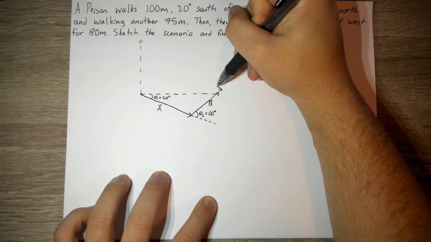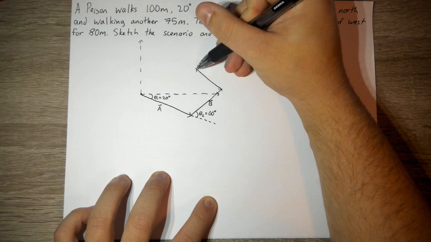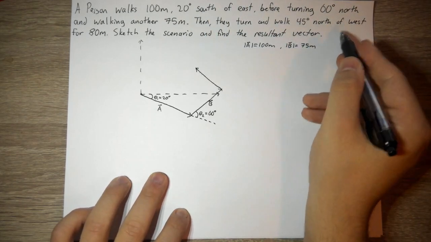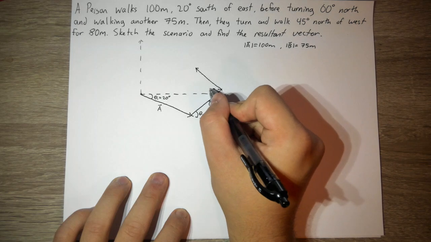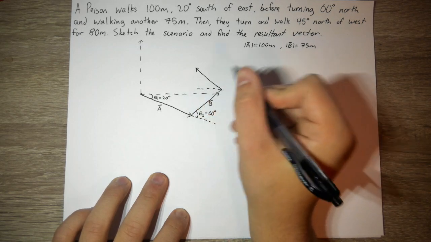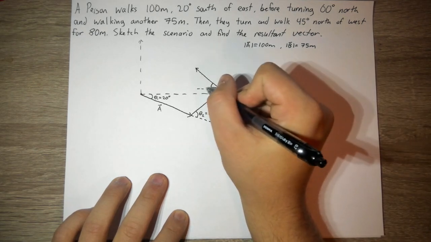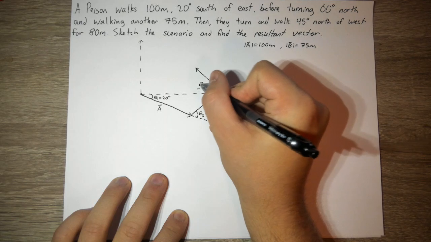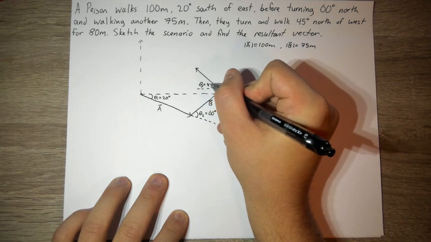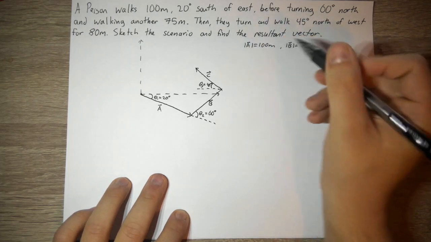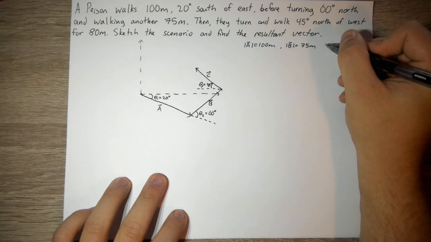So they're going 45 degrees this way. And notice it is north of west this time, so it's north of the x-axis. So completely horizontal line. So this is 45. And that is, we'll call that C. They walk for 80 meters.